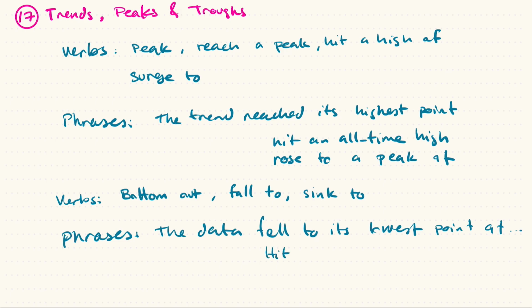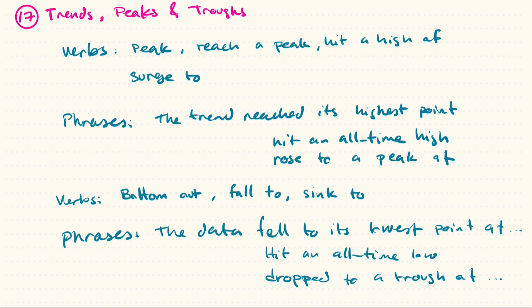So you can say the sales figure hit an all-time low of this number at this time of the year, for example. Or you can say it dropped to a trough of whatever the value. So it's similar to a peak: when a value rises to a peak, or a value drops to a trough, it's the other side of it. It hits the minimum.